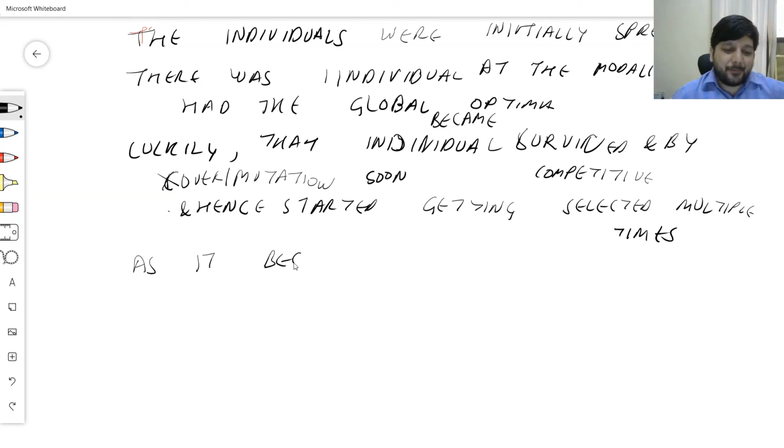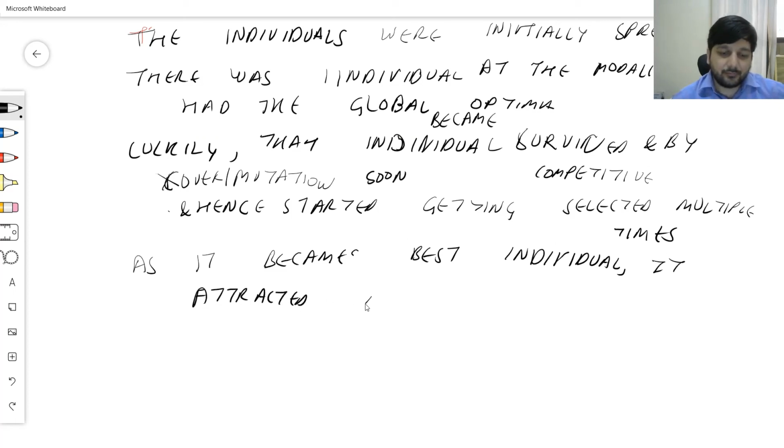As it became the best individual, it started attracting all others. So when it became the best, you saw that it started attracting all of them. It was reproducing more, the others were reproducing less, and the others were dying, it was surviving.